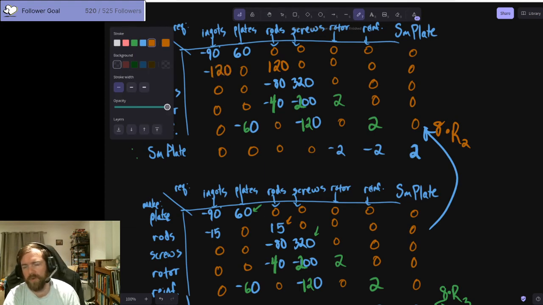So this didn't actually require linear algebra or any of that. It's just a little bit of common sense thinking. Okay, so our plates are balanced, our rods are balanced, our screws are balanced, rotors and reinforced plate are balanced. So now ingots, we just need to know how many smelters we need to create all this stuff. It was 30 a piece.